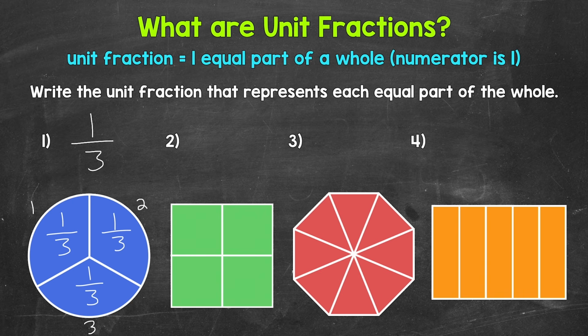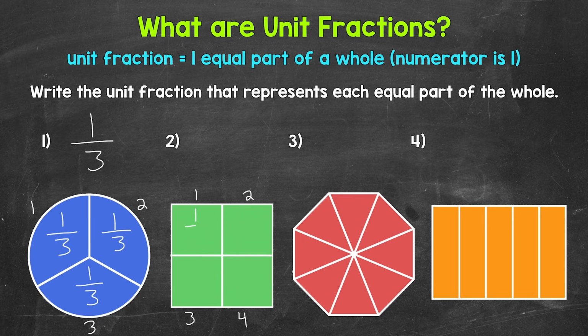Let's move on to number 2. So what unit fraction represents each equal part of the whole? Well, we have 1, 2, 3, 4 equal parts. The whole square has been divided into 4 equal parts. So 4 is going to be our denominator. And then each equal part is 1 out of the 4 total equal parts.